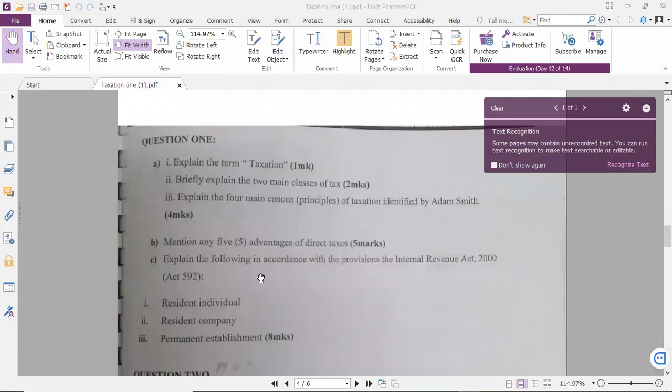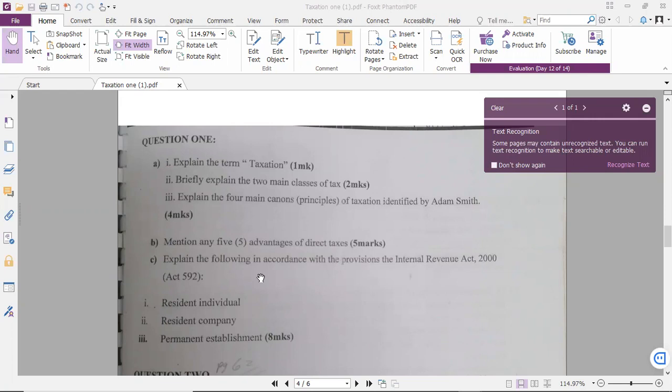And the duty also lies on you to know the disadvantages of indirect taxes. In fact, the advantages of direct taxes are the disadvantages of indirect taxes, and the advantages of indirect taxes become the disadvantages of direct taxes. So they are just opposites in nature. So, ladies and gentlemen, you are also supposed to know the advantages and disadvantages of both direct and indirect taxes.